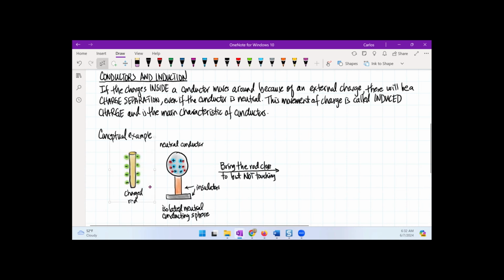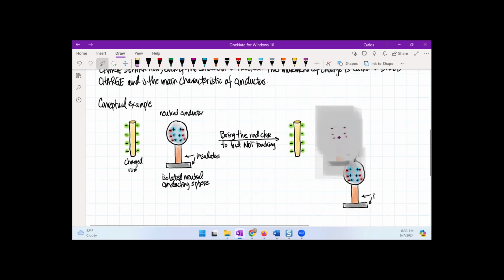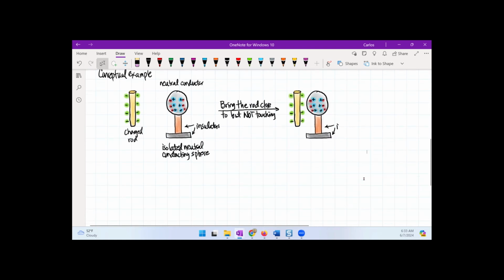So if I come in here and I start copying and transferring, so here's my charged rod. Now I need this guy here, which I will modify. So here's where this guy's at. And so I'm bringing this guy really close to this, but no contact.